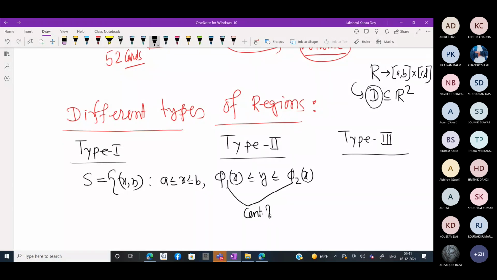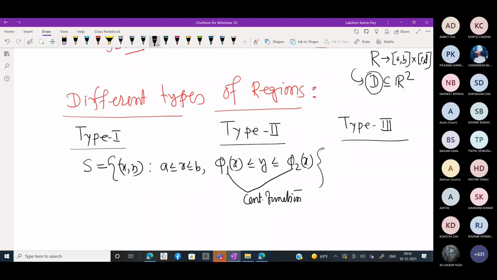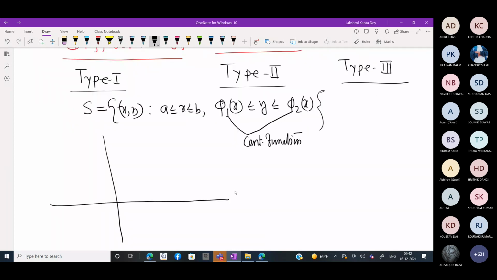If I try to draw the picture, x is in between a to b, y is in between phi1(x) and phi2(x), where phi2(x) is bigger.